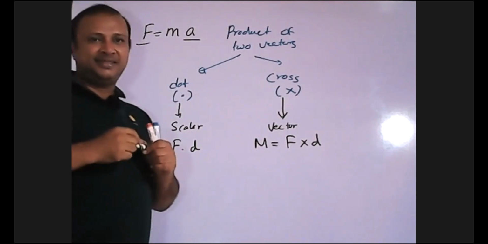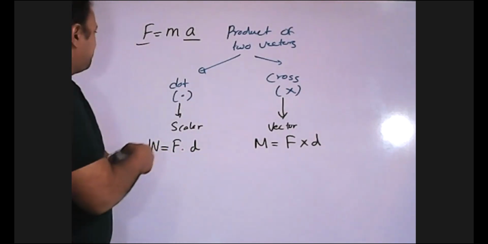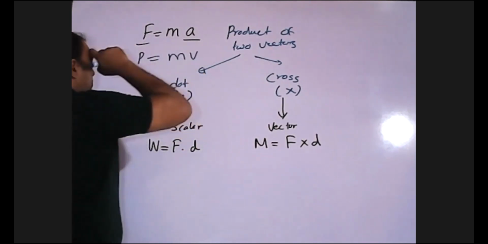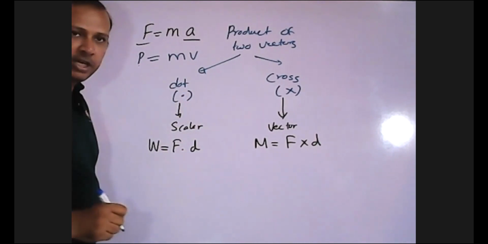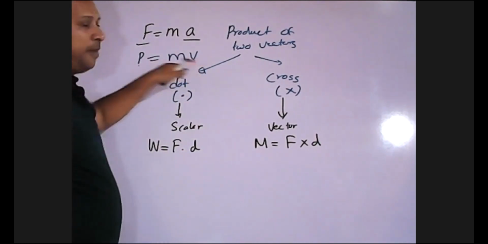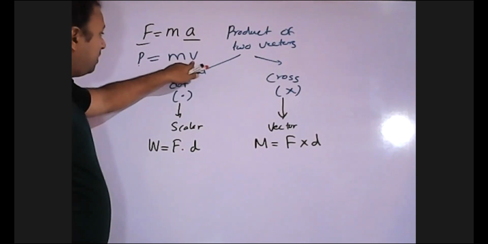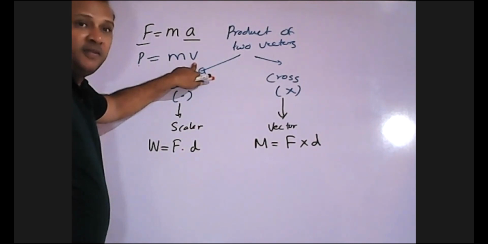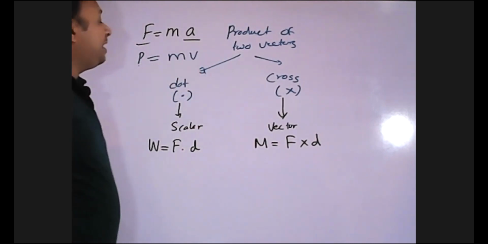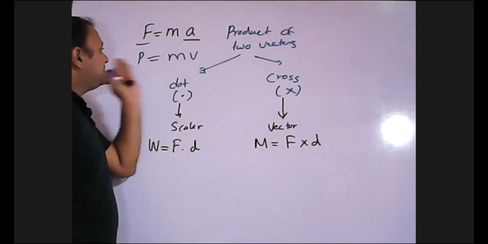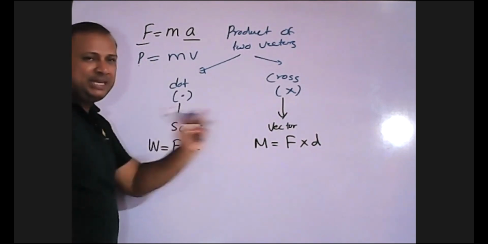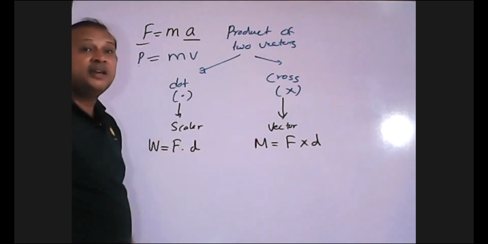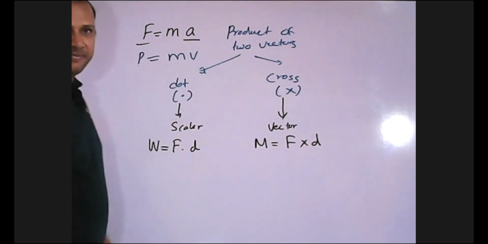Another example: p equals mv. This is momentum. Momentum is equal to velocity into mass. Velocity is a vector quantity and mass is a scalar quantity. So the product of those two gives another different vector quantity.